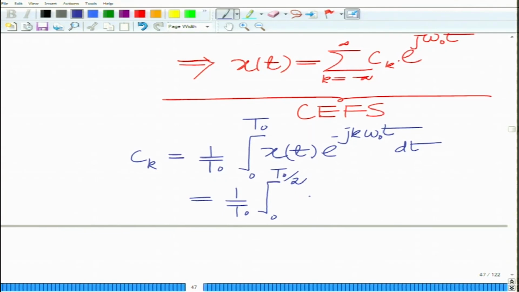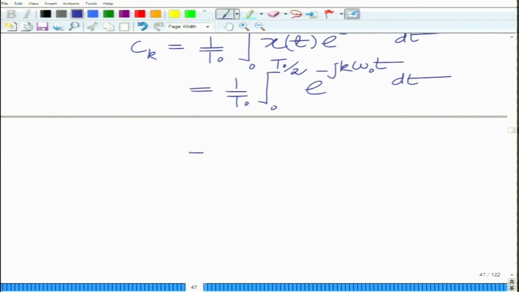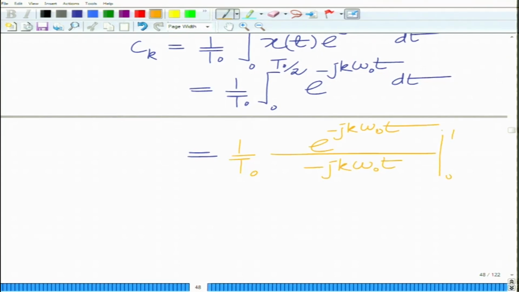So this is x(t) equal to 1 in 0 to T naught over 2, e raised to minus j k omega naught t dt, which you can see is basically 1 over T naught, e raised to minus j k omega naught t divided by minus j k omega naught, evaluated between the limits 0 to T naught over 2.